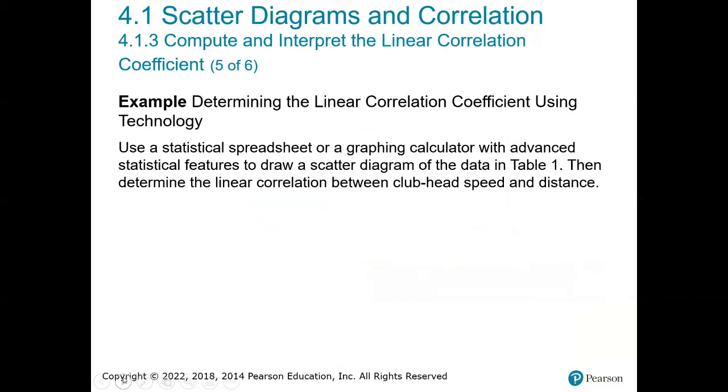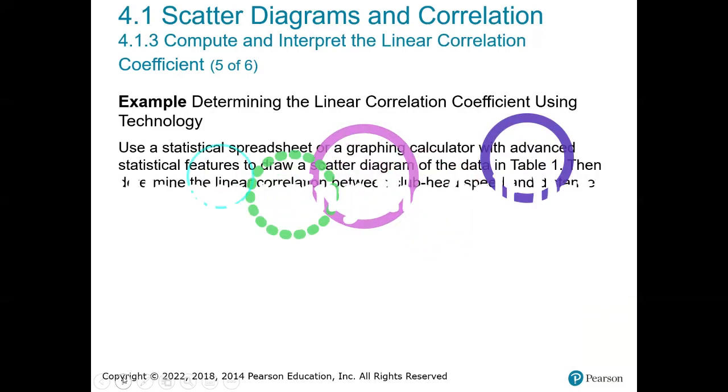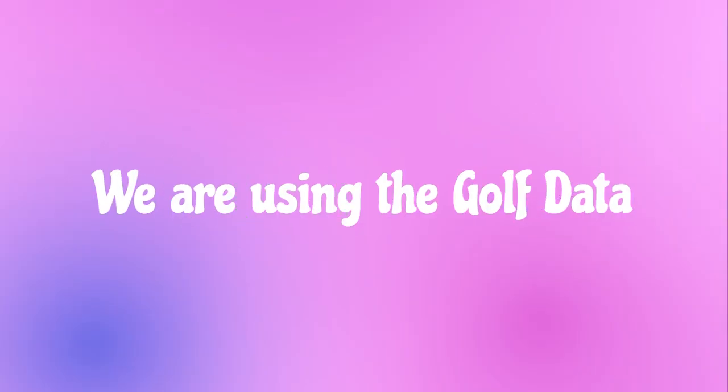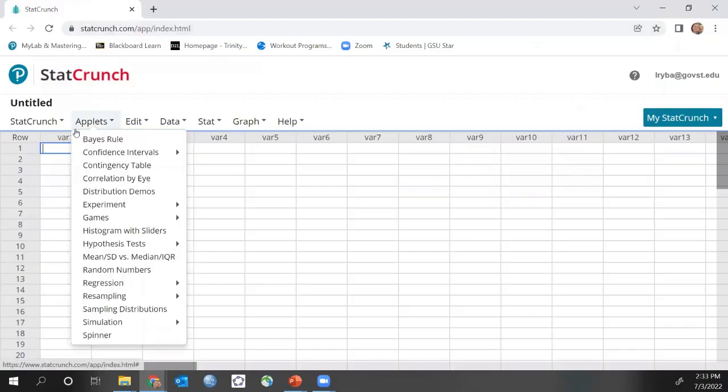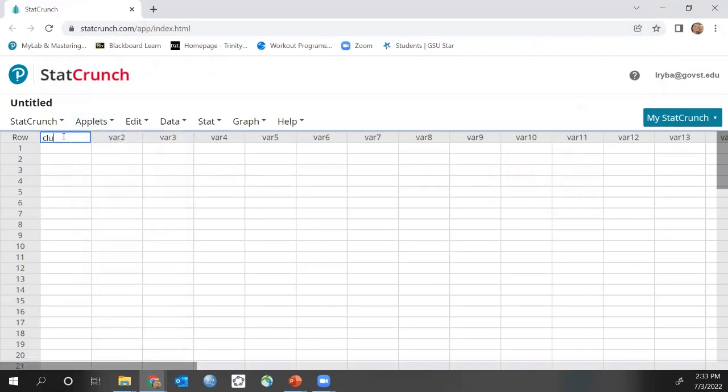All right, so lots involved. So what we're going to do instead is we're going to do this in StatCrunch. All right. So it was club speed and distance.